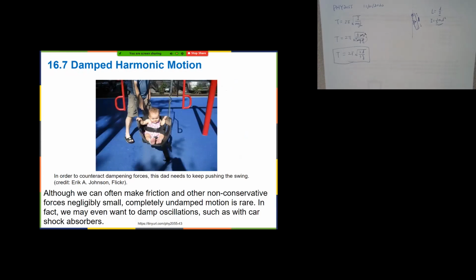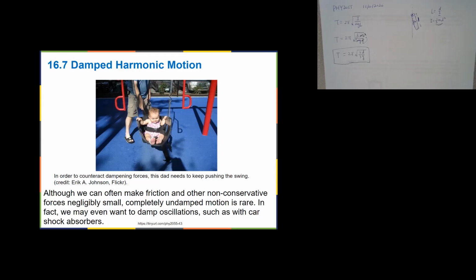So damped motion. When you have an oscillation, it will go back and forth, right? But actually, in reality, that really rarely happens because there are resistive forces.